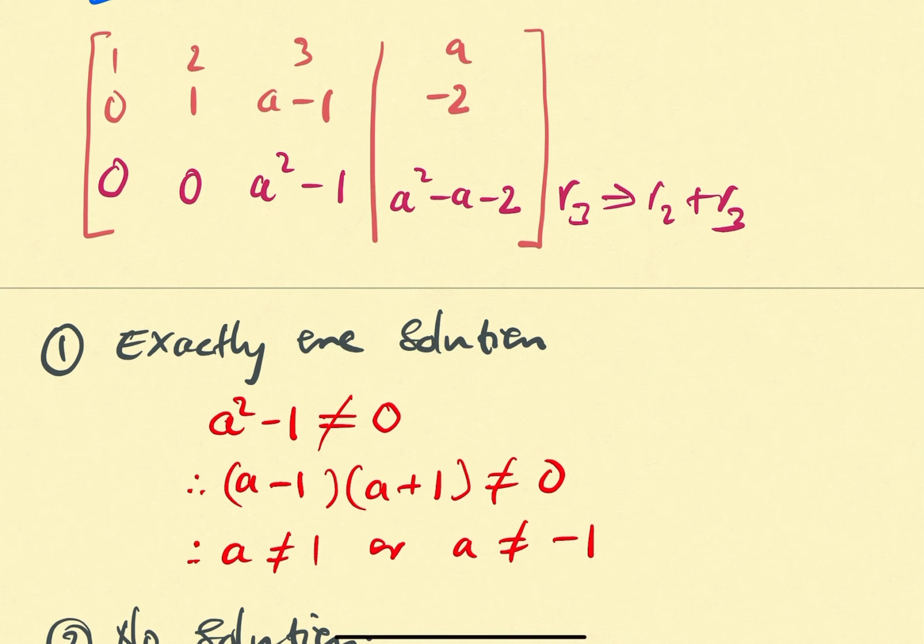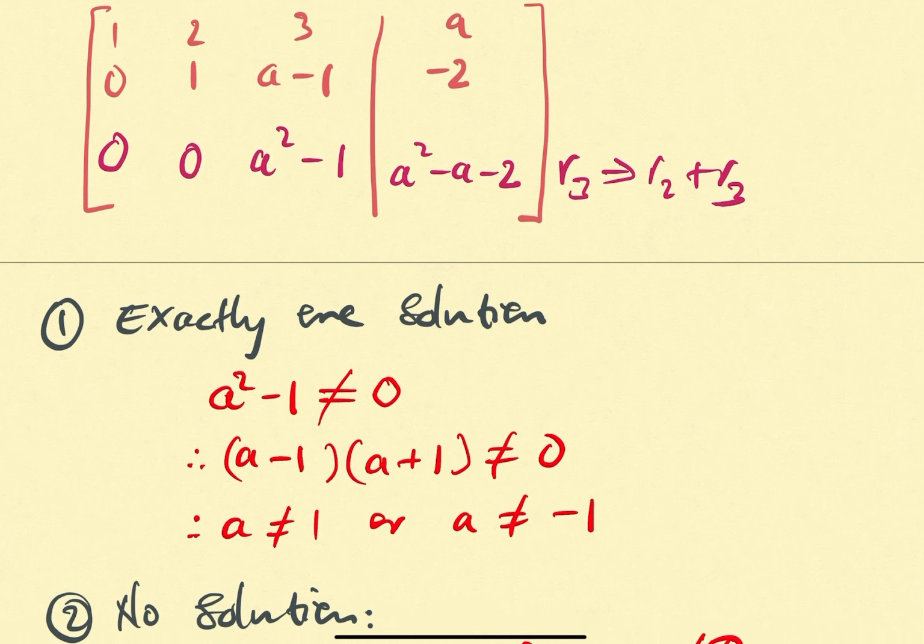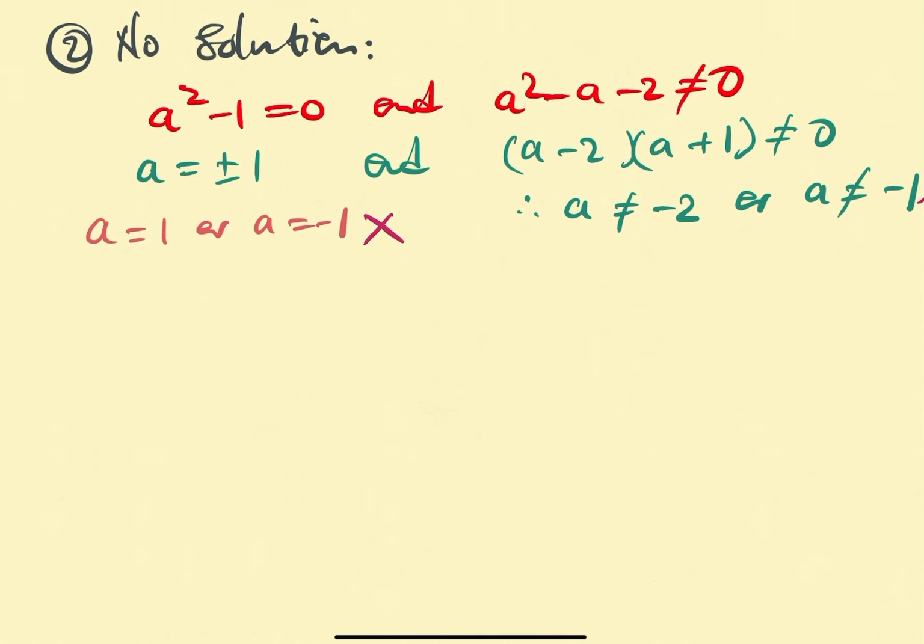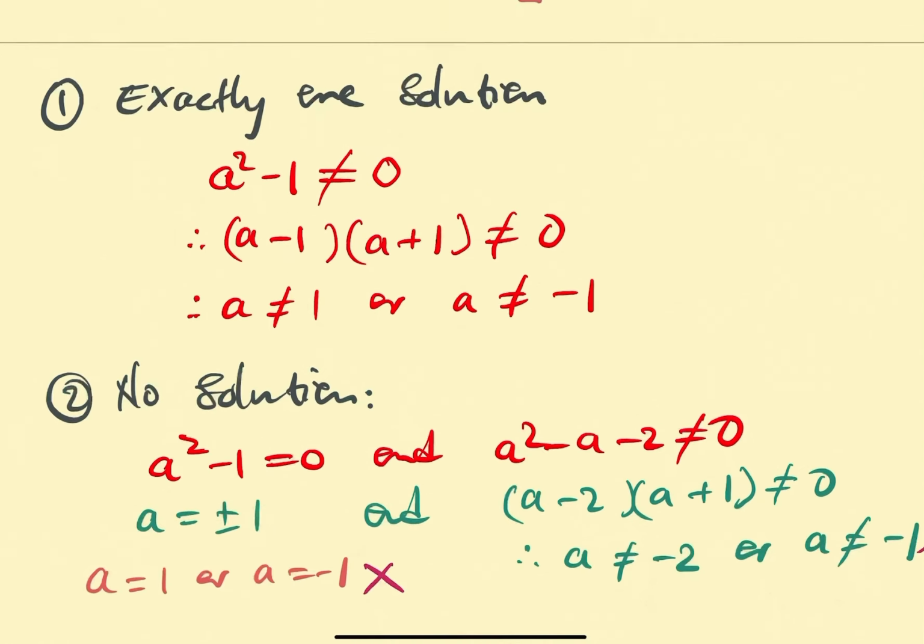Now, if you put a negative 1 here, you are going to get a 0. And then on this side, if you put a negative 1, you get a 0, which is not true. So negative 1 cannot be true for no solution. But let's take this positive 1 here and substitute it in the equation.